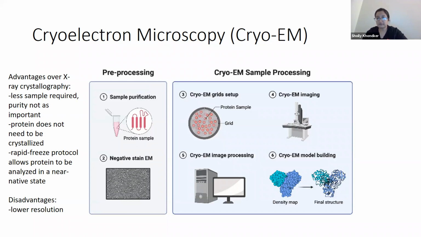A cheaper way of ensuring purity is to just take your sample and run it on a gel. And then when you stain your SDS-PAGE gel, you should only see one band corresponding to the protein that you're trying to purify. If you see additional bands, then that means you have other proteins in there. Depending on the quantity of protein, you may or may not actually see that, because it could still be present in small quantities. So really the best way of confirming that your sample is totally pure is by mass spec.